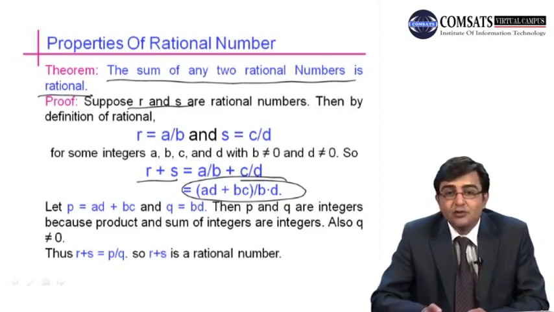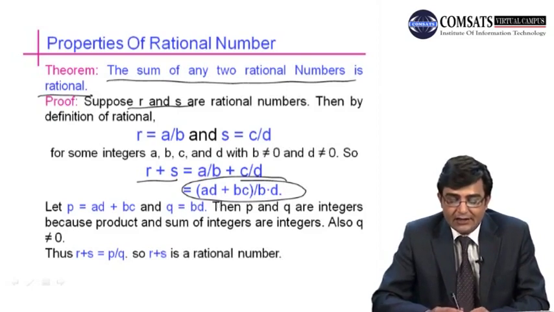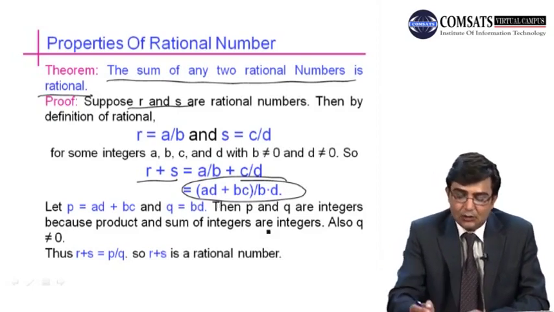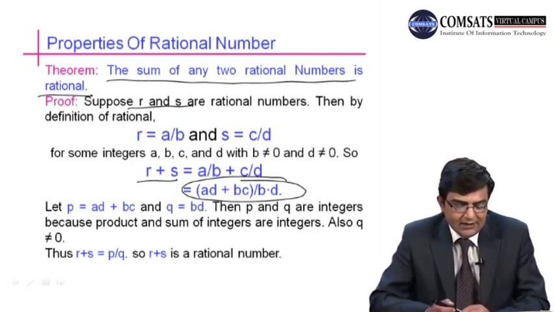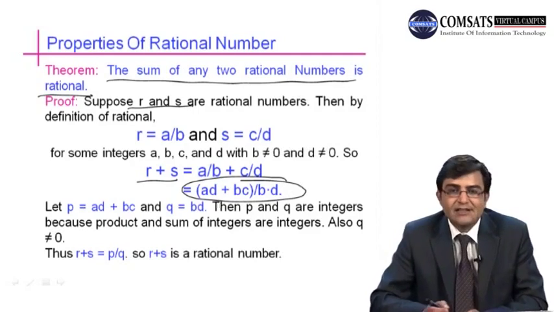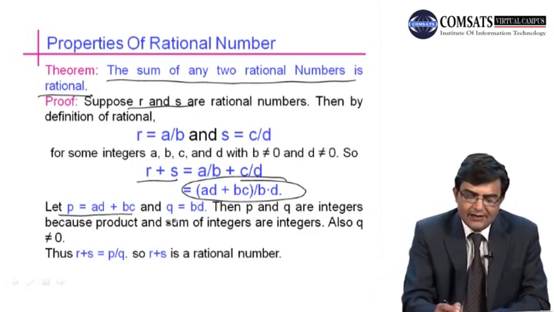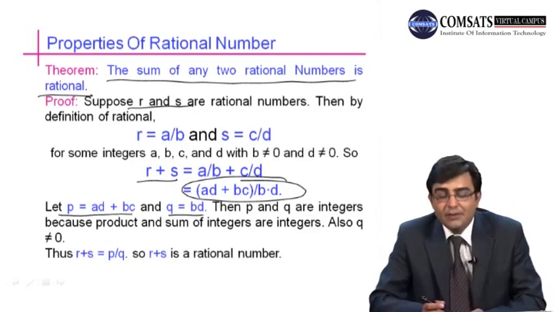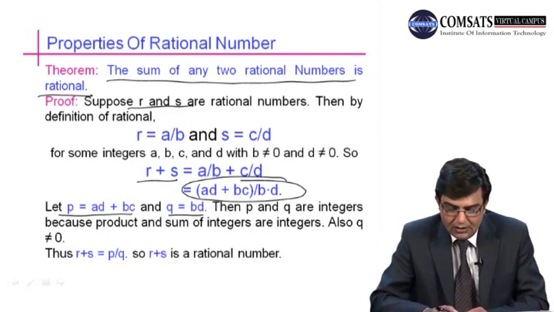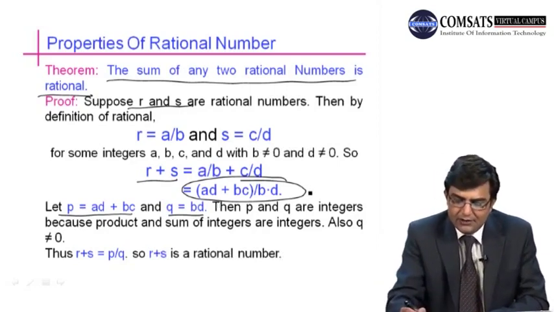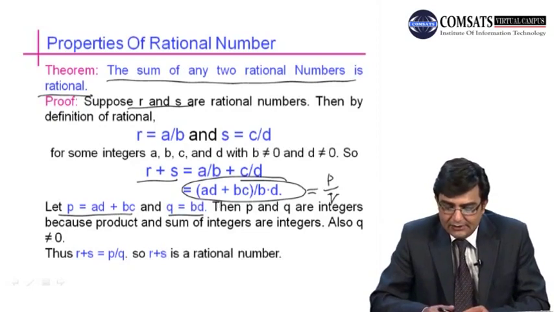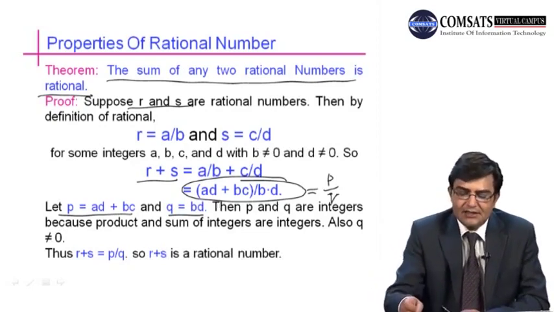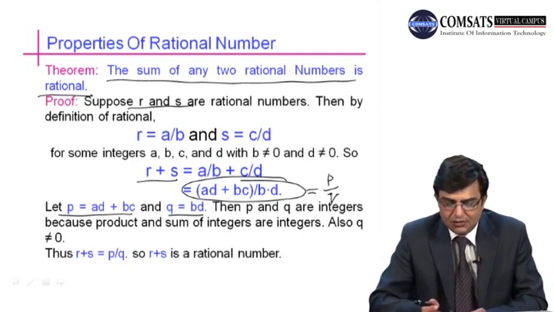That will conclude that this whole number is rational. So we let P be equal to AD plus BC and Q be equal to B times D. So this number can now be written as P by Q.